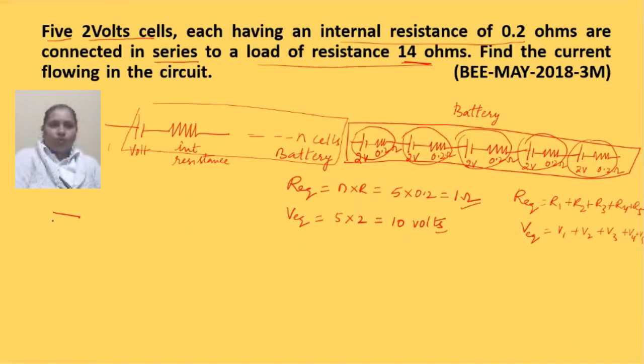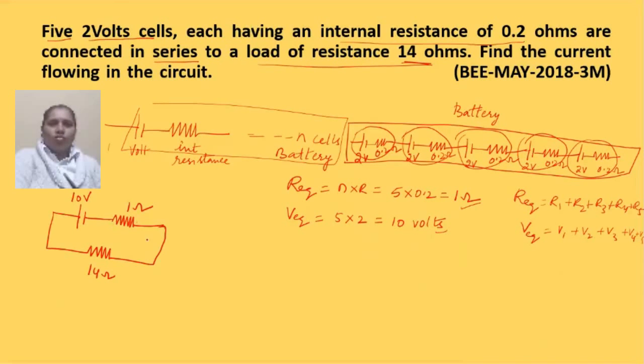Let me draw it like this. A voltage source with an internal resistance of 1 ohm is connected to a load of 14 ohms. This is 14 ohms, this is 1 ohm, and this is 10 volts.